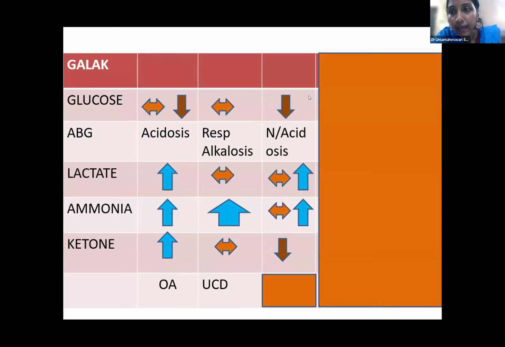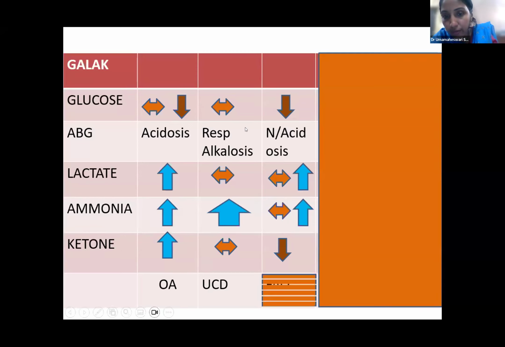Remember, all your type 2 neurotoxicity disorders, whatever we described right now, pyridoxine dependent seizures, non-ketotic hyperglycinemia, molybdenum cofactor, sulfite oxidase deficiency, GLUT, everything will have normal GALAC. GALAC will not be abnormal in your non-ketotic hyperglycinemia.